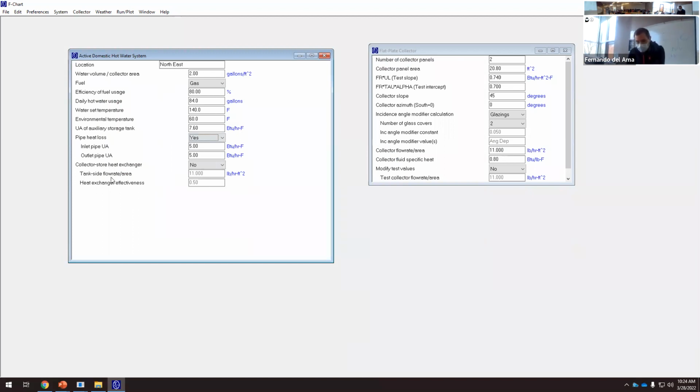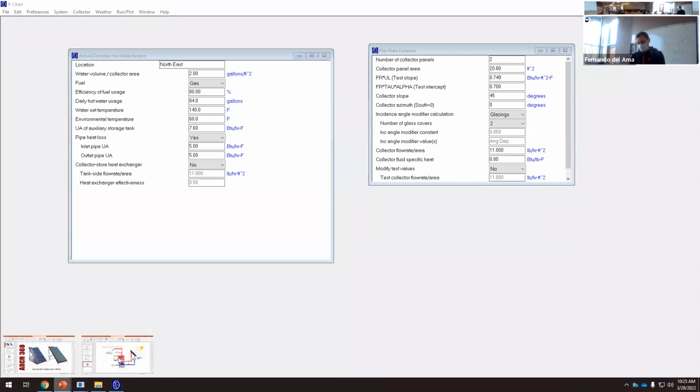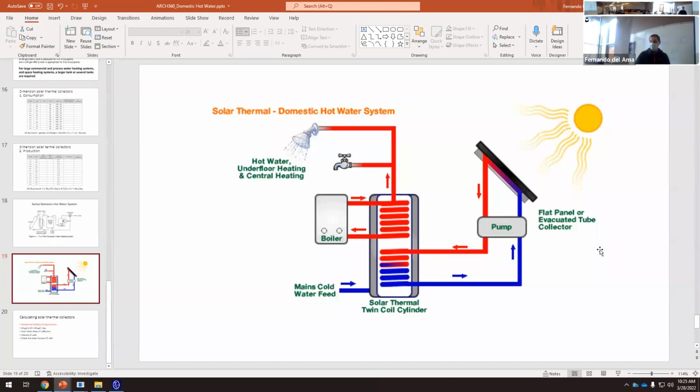And finally, we have a collector store heat exchanger. Okay, that's interesting. What does it mean? As you can see here in this schematic view, we have pipes. The water goes up this way.